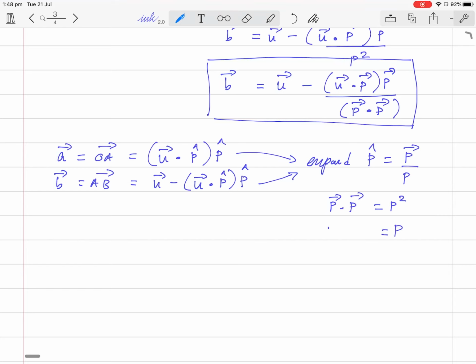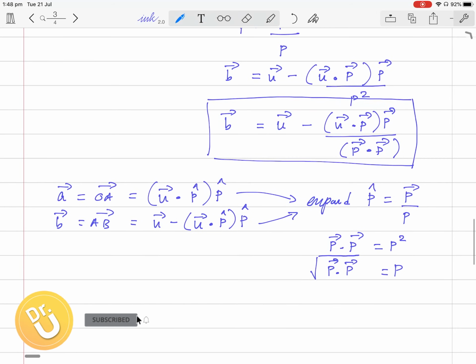So now I hope you can play with these equations, and that's all for today. If you have any questions, please leave a comment on this. Thank you.